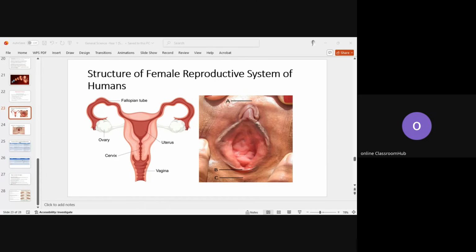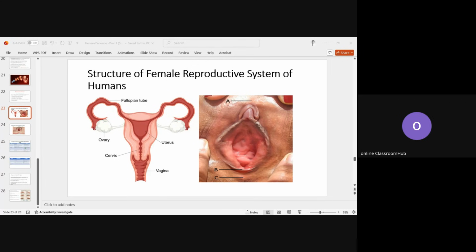All right. So today we have learned about the female reproductive organ, and then the processes in reproduction in humans. That starts with sexual intercourse as the first step. The second step is fertilization, then the third step is implantation, then the development of the fetus, and then childbirth, and then breastfeeding.